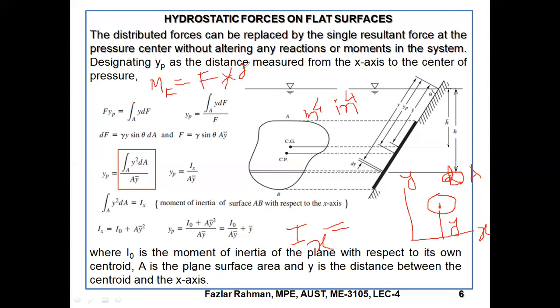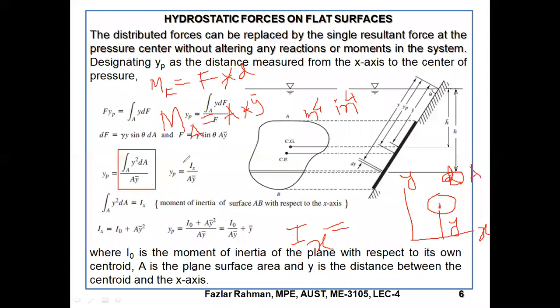That we figured out. Now, moment of area will be area into distance. So instead of distance, we are saying CG, area into distance.